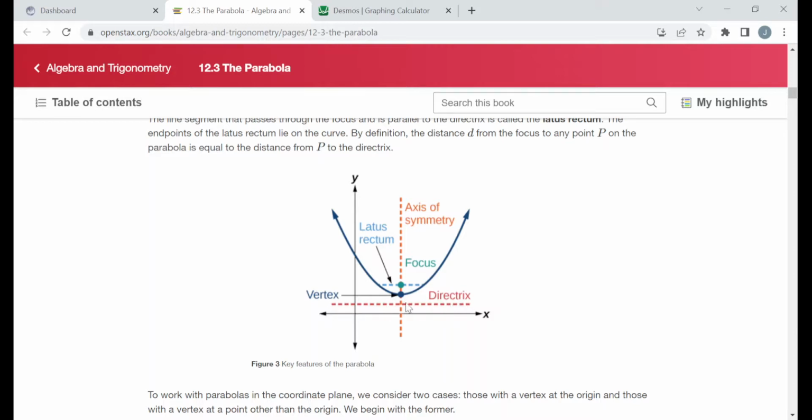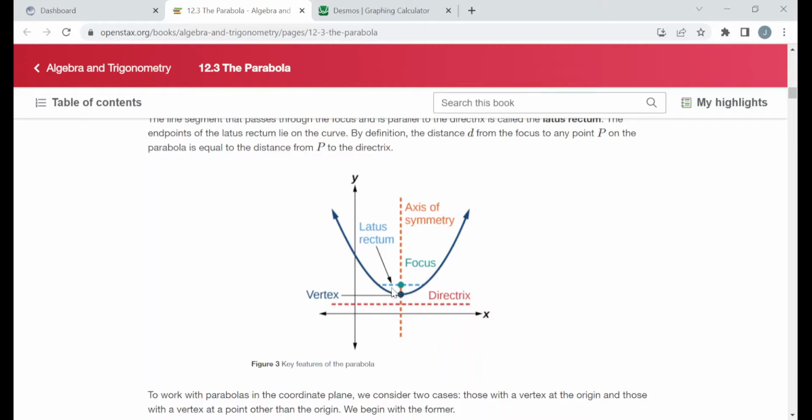The directrix is another dotted, imaginary line, and it's always perpendicular to the axis of symmetry. So if the axis of symmetry is vertical, the directrix will be horizontal, and vice versa. If the axis of symmetry is horizontal, the directrix will be vertical.